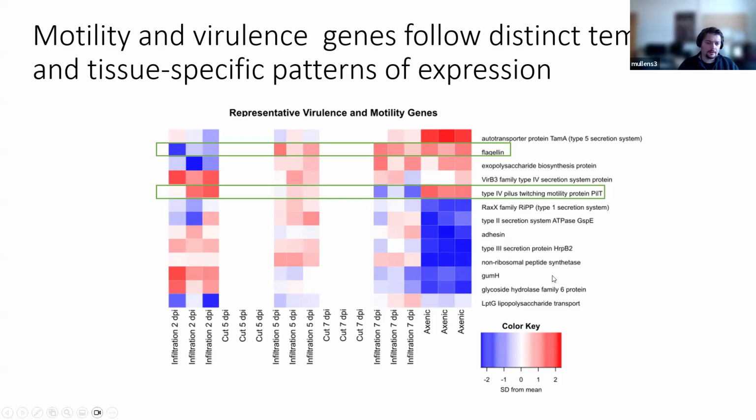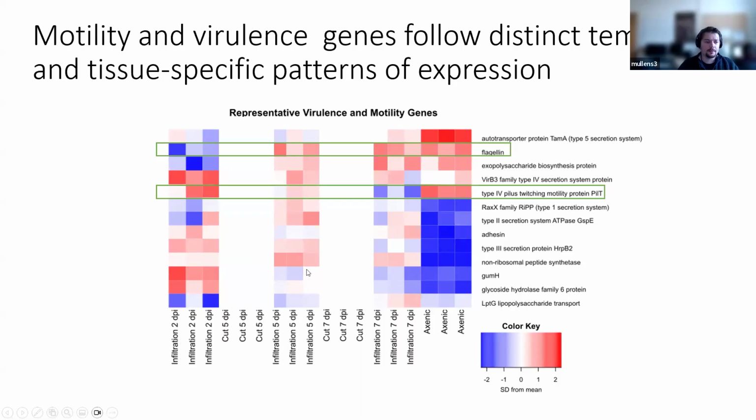tissues. And then down here, these various secretion systems are secretion systems that they use to secrete effectors, particularly this type 3 secretion system. I pulled this one out just to show it, and they are expressed in inoculated samples at the earlier time points. These effectors are used to suppress the defenses of the plant.